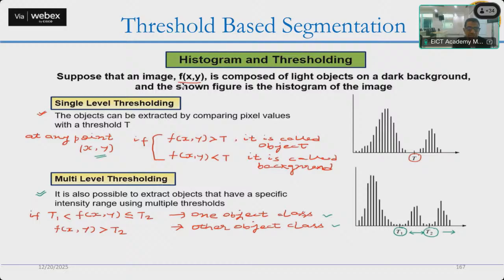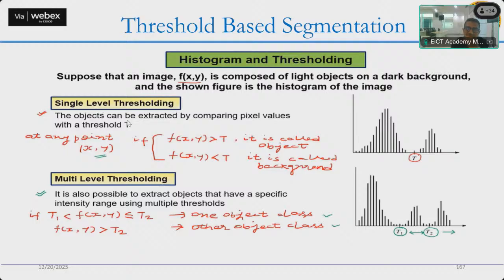Suppose that an image f(x,y) is composed of light objects on a dark background, and the figure shows the histogram of the image. This is single level thresholding.